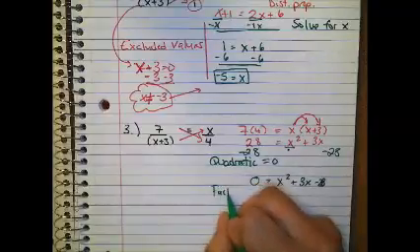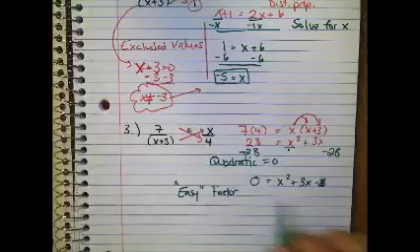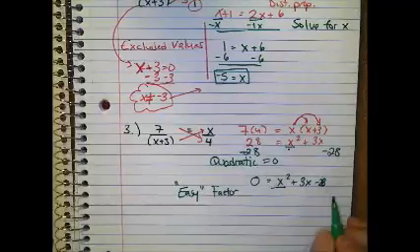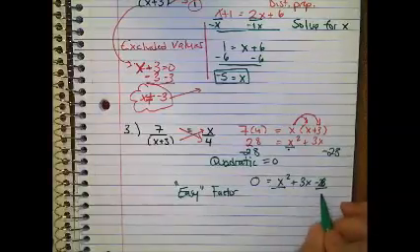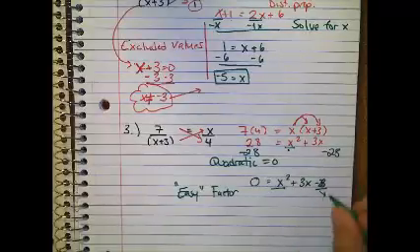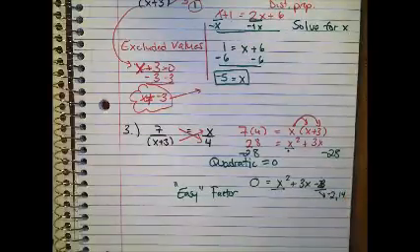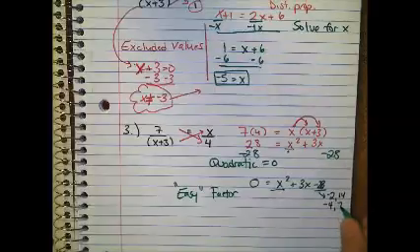And this is the easy factoring. And the reason it's easy is because we have a single x squared. So now I'm looking for what multiplies to be negative 28 that adds to be 3. So negative 28 would be negative 2 and 14. 3 doesn't go in 28. 4 and 7.